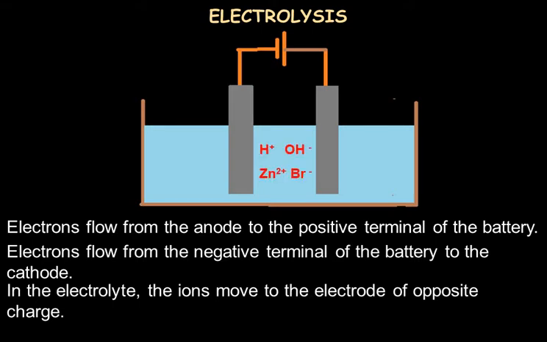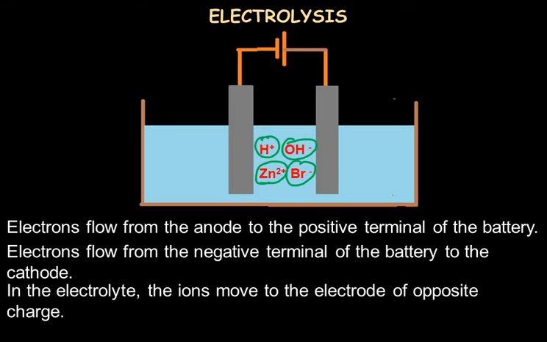Now, when we talk about the electrolysis of aqueous compounds, that is when the compound is dissolved in water, say for example if we have taken zinc bromide, then zinc and bromide ions are definitely present in the electrolyte, but along with that we have the ions from water, that is hydrogen ions and hydroxide ions also.